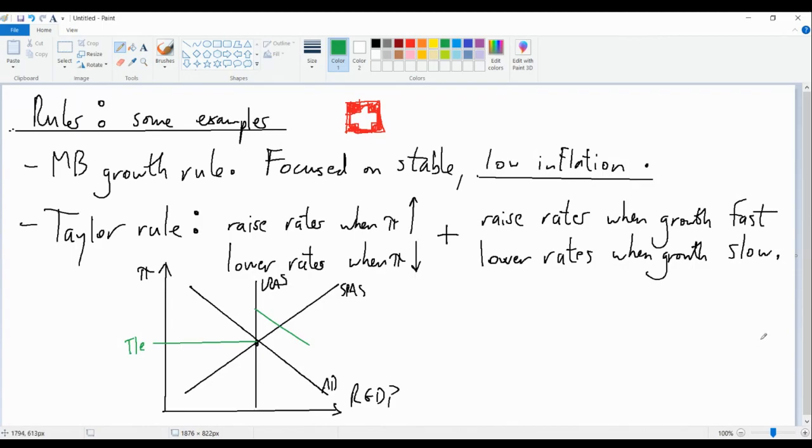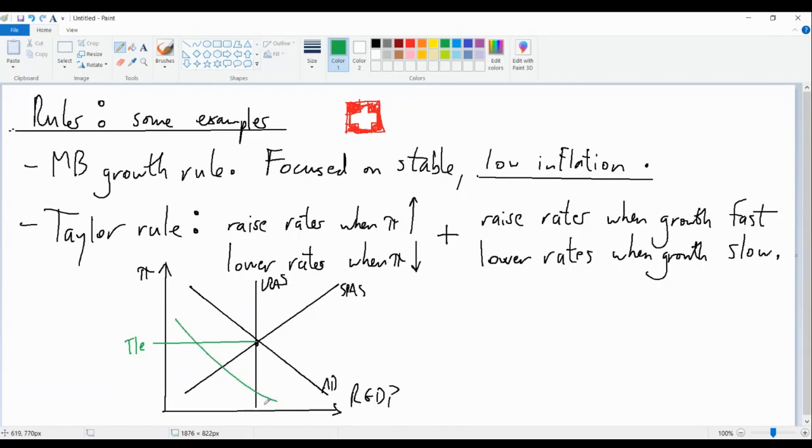If we stay there for too long, expected inflation may rise, so we don't want that. What does the Taylor rule say we should do? Well, inflation is high, so we should raise rates. That's what the first part is telling us. And the second one says growth is too fast, so we should also raise rates. Okay? So unambiguously, it's telling us raise rates.